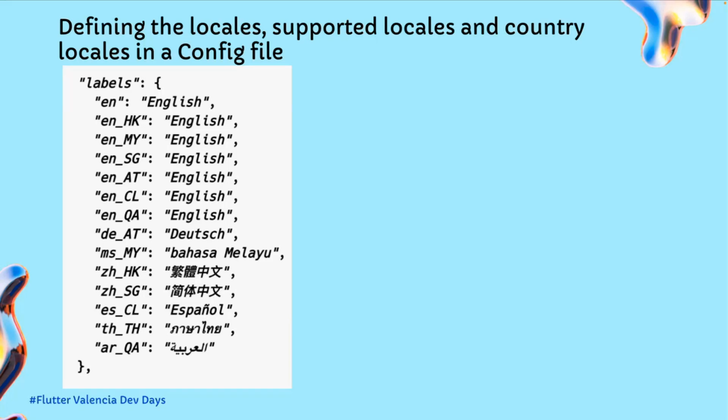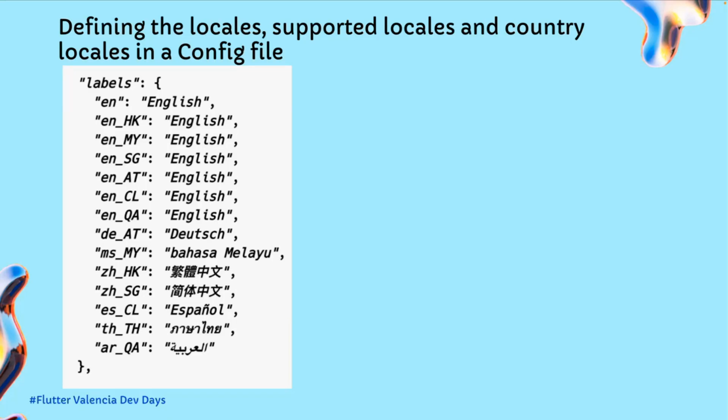So what we did, first of all, was to set the localizations label section, which was a map between the locale and the specific language name. The locale ID is basically this that we see here, and it's a language or a language and region combination.